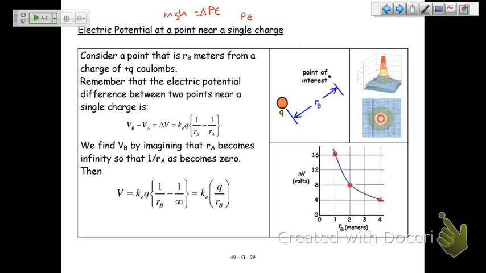So all I've got to do is get a long way away from anything. That means I can find the potential at that table by taking the other point not as the floor, but as infinitely far away.